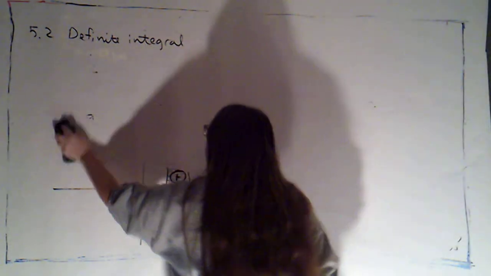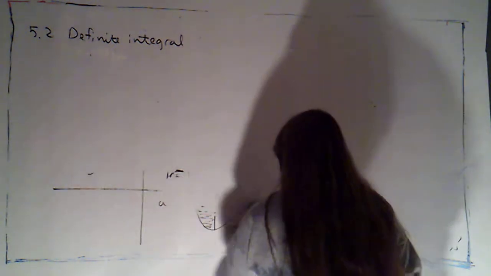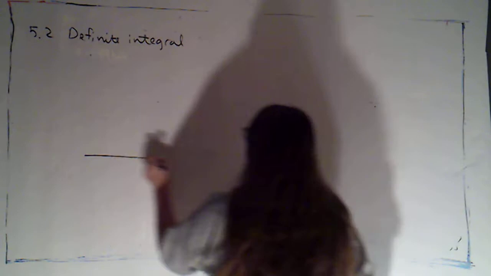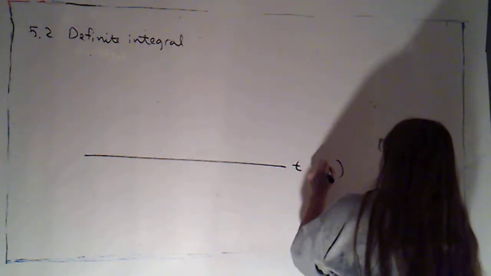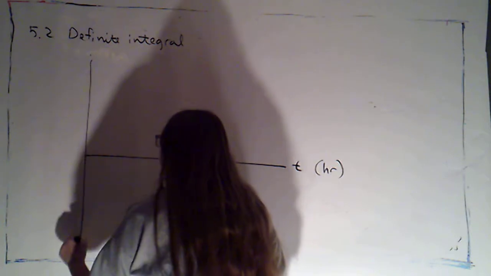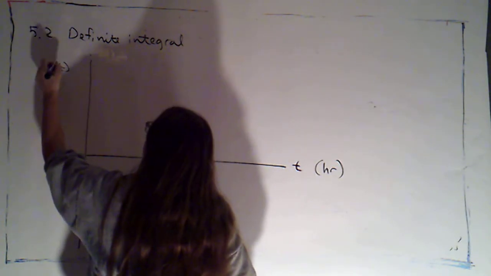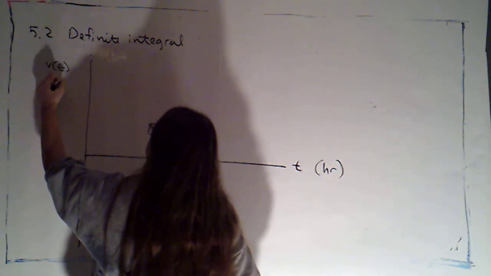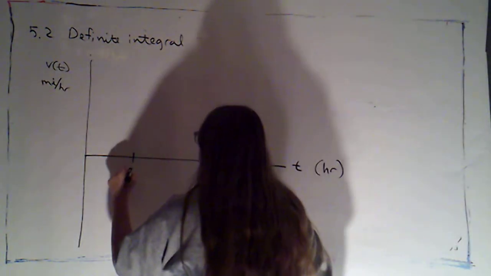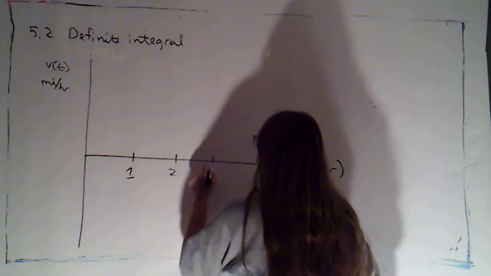Let's suppose I have a velocity function. So let's suppose I'm putting time here, and we'll say we're measuring that in hours. And let's say we're putting velocity here, and I'm measuring that in miles per hour.